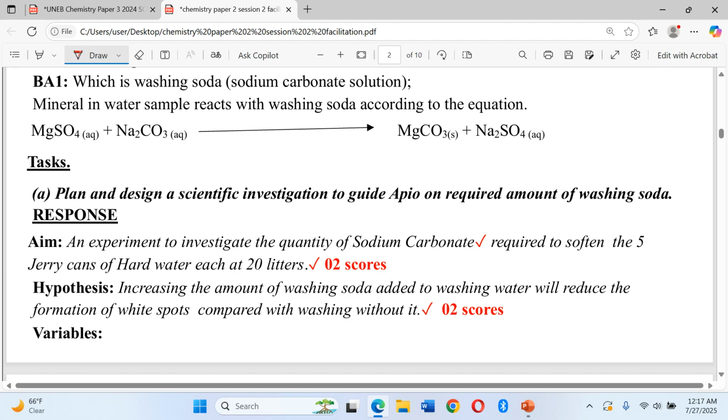Using our knowledge, we recall a hypothesis is a testable statement, a statement that we can test and find out whether it is true or not. So from that knowledge that this washing soda can be added to remove hardness, I think that if it is added, then the spots will reduce compared to when we wash without using it.